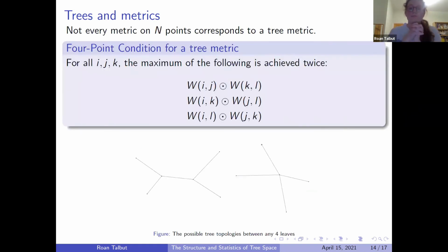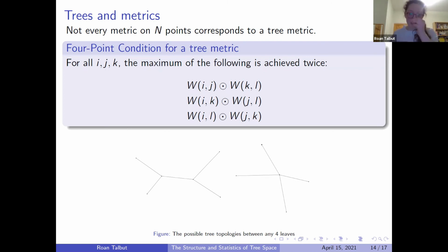So we've talked a bit about representing metrics using tropical geometry, but we need to be very specific about when metrics actually represent trees and not just arbitrary metrics, because not every metric is going to represent a tree. And in particular, the condition that we need is this 4-point condition that I've got up here.